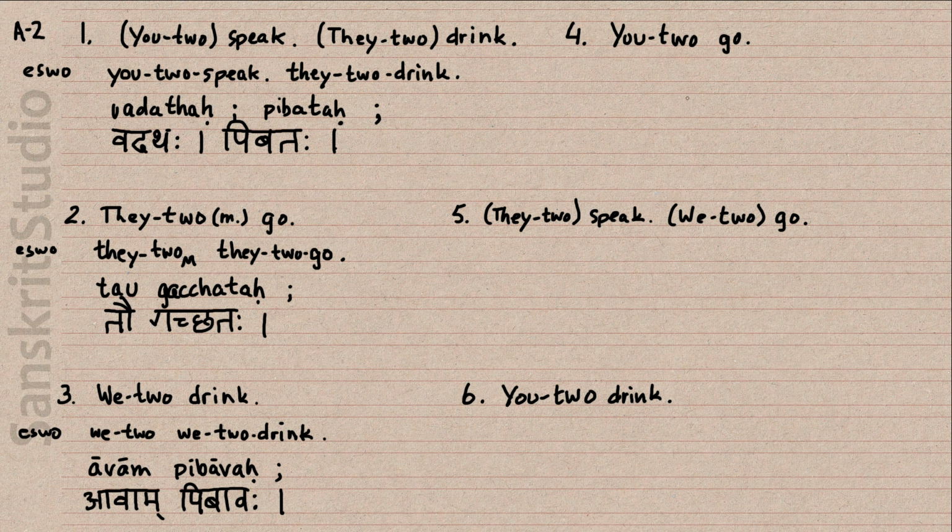And then number four, you two go, and once more we have an explicit pronoun, you two. So we have to write that separately here, you two, and then you two go.